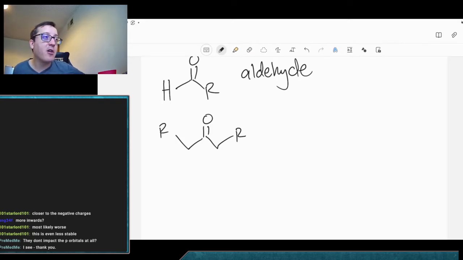If you have a carbonyl that is sandwiched between two other carbons, that's called a ketone. So that carbonyl has got a carbon on each side and then other stuff. That's called a ketone.